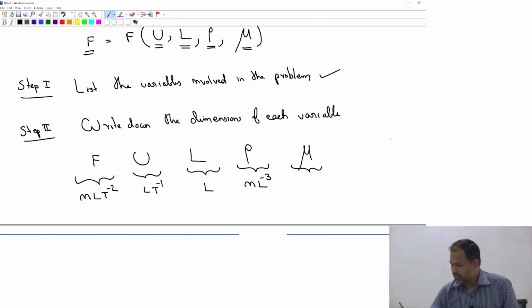Viscosity is stress by strain rate. So, stress is Newton per meter square, so force, M L T to the power minus 2, divided by meter square, L to the power minus 2, divided by strain rate, T to the power minus 1.